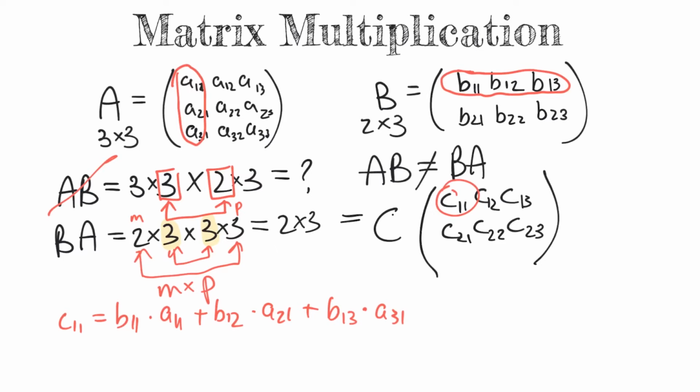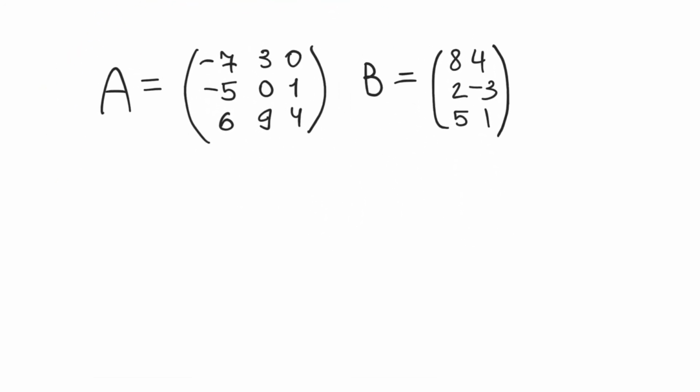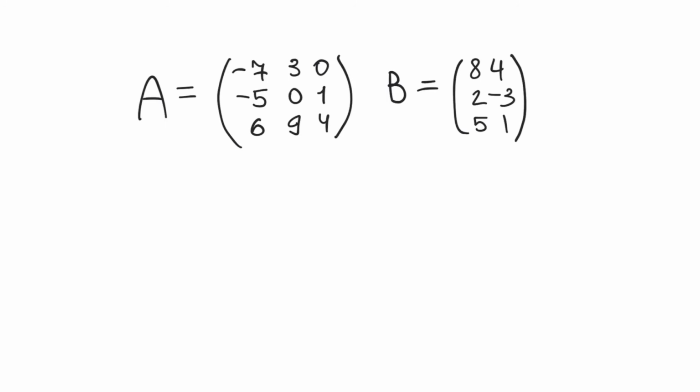So let's take a look at a more specific example where we can actually calculate the new matrix. First of all, can we multiply matrix B by matrix A? Matrix A is 3 by 3, a square matrix, and here we have the size 3 by 2.